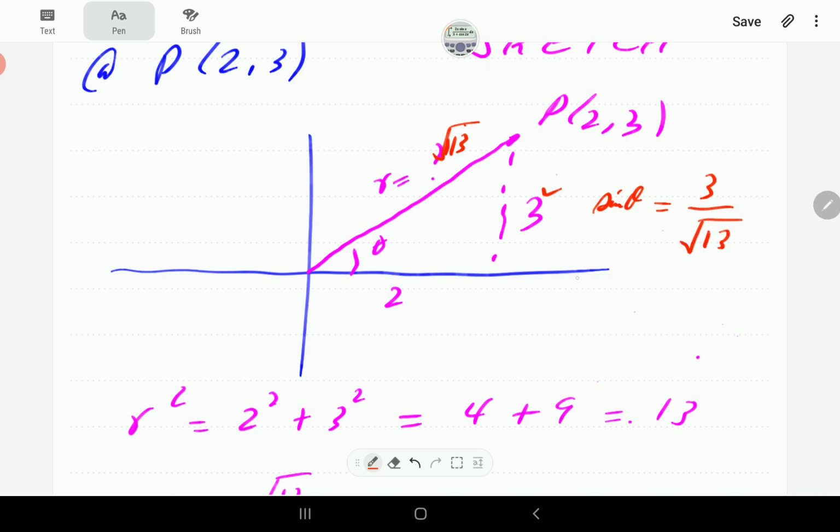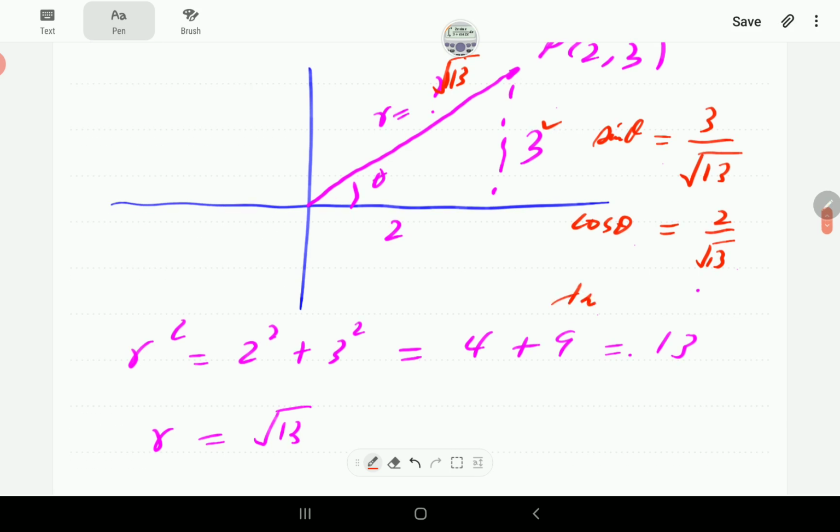Cosine theta is 2 over square root 13, and tangent theta is 3 over 2. They are all positive because we're in the first quadrant.